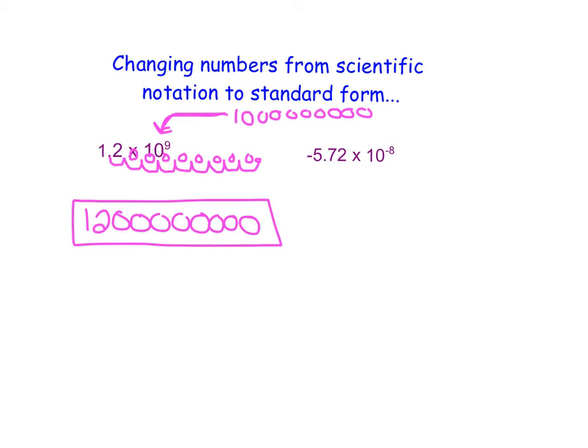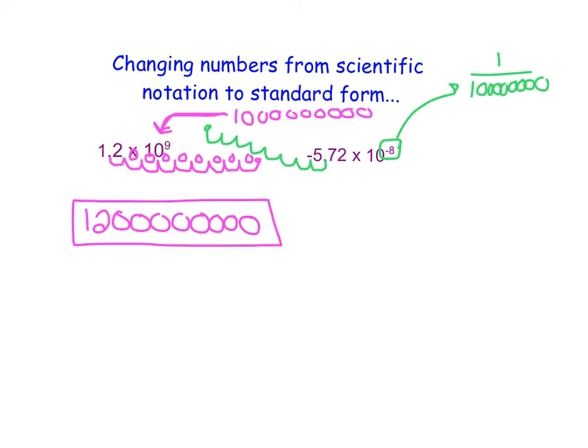So we have 10 to the power of negative 8, which tells us that we're multiplying by something that's very, very small. This is 1 over 1 followed by 8 zeros. So we know that as we multiply this out, that negative 5.72 is going to become very, very small. So here I'm going to move the decimal point 1, 2, 3, 4, 5, 6, 7, 8.